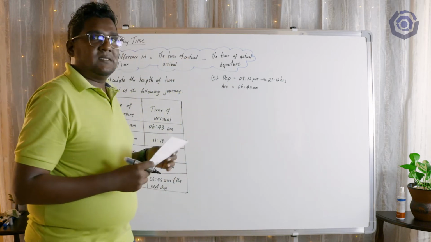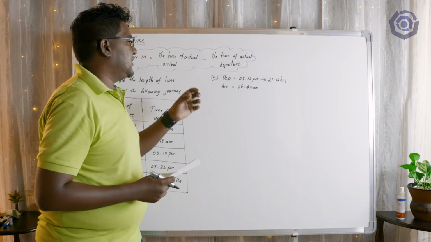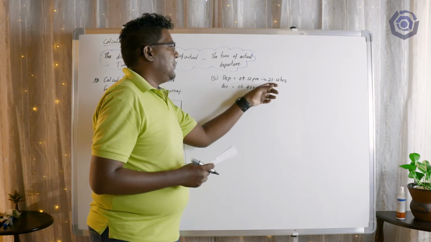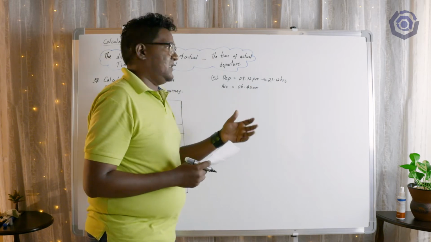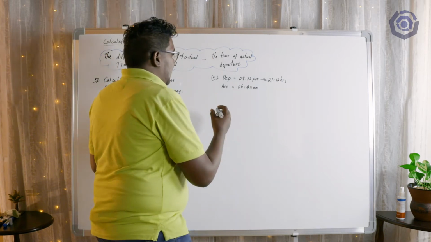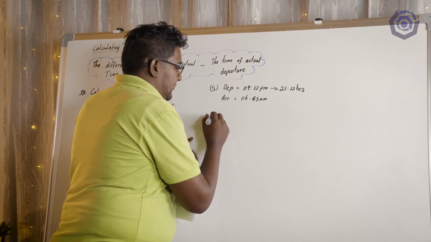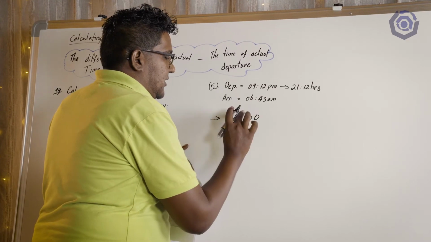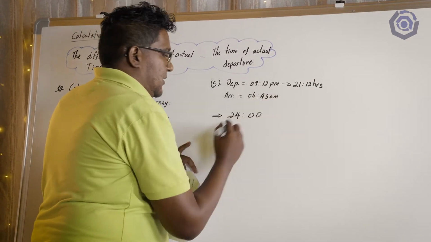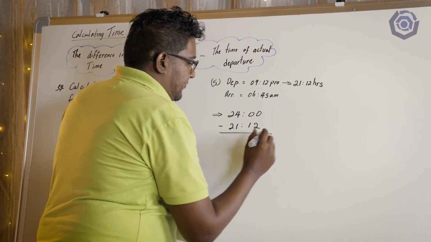Now, for this question, remember I said that we split the time into two 12 hours. So what we're going to do is we're going to find the time from 21:12 hours to 12 midnight, which is 2400 hours. So let's do that part first. So for the first part, we're going to have 2400 hours minus 21:12.